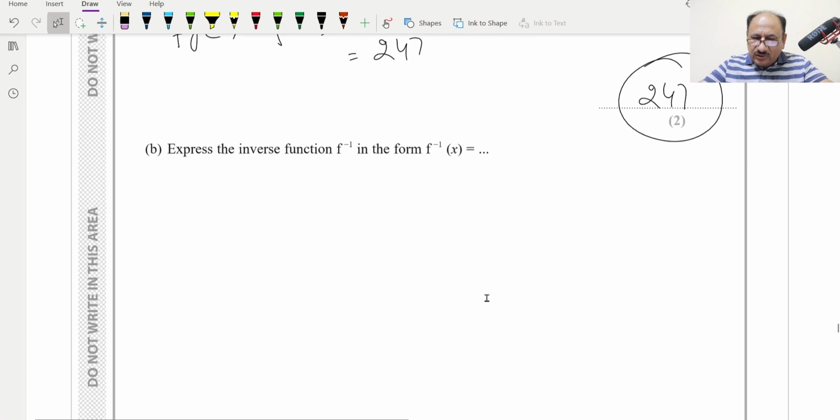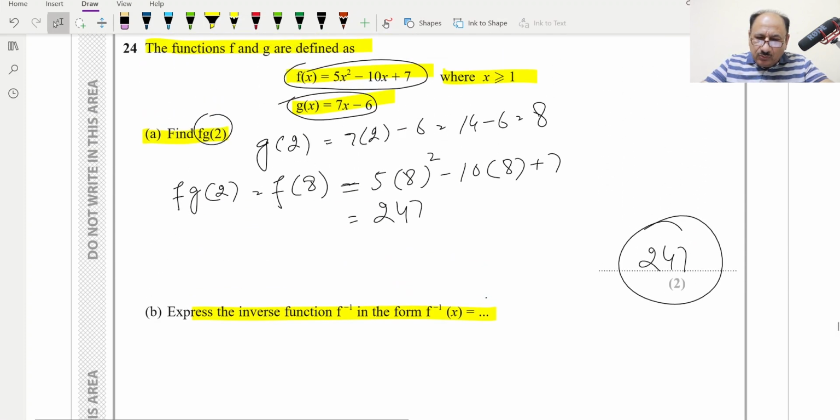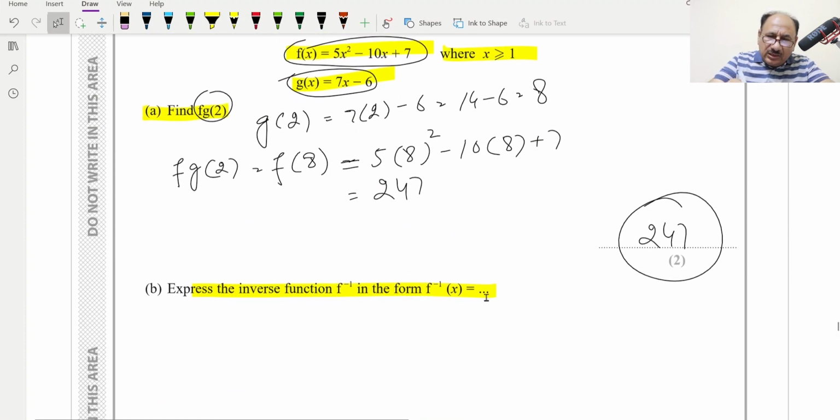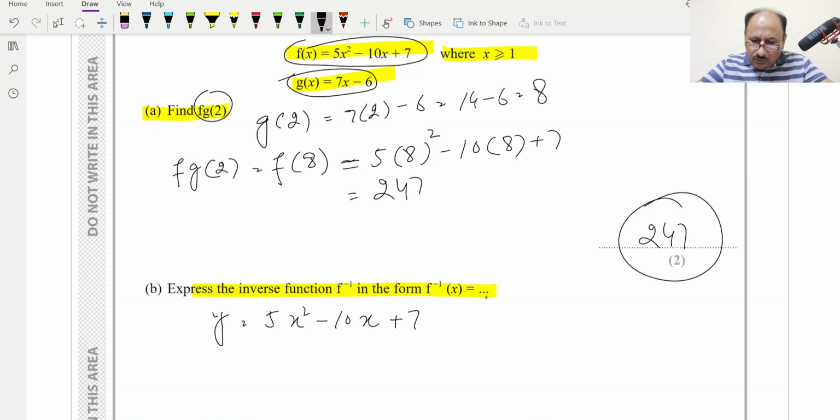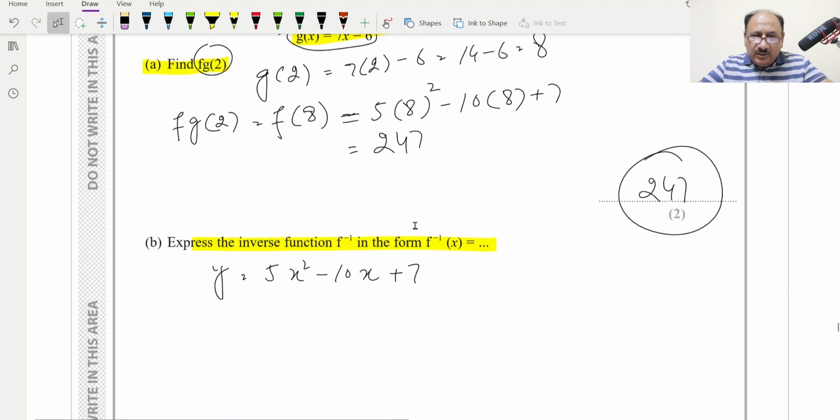Express the inverse function f inverse in the form this one. So what we will do, we will write y is equal to f of x, we can write as y is equal to 5x squared minus 10x plus 7, and now we can make x the subject.